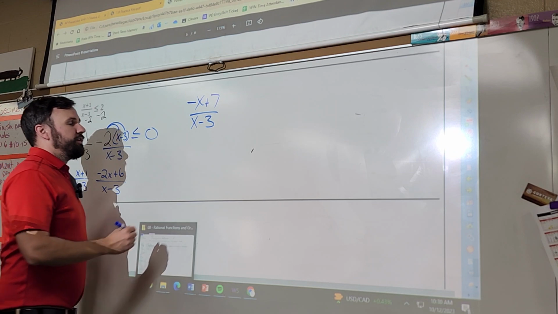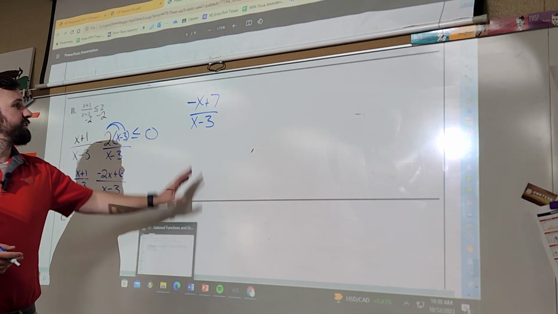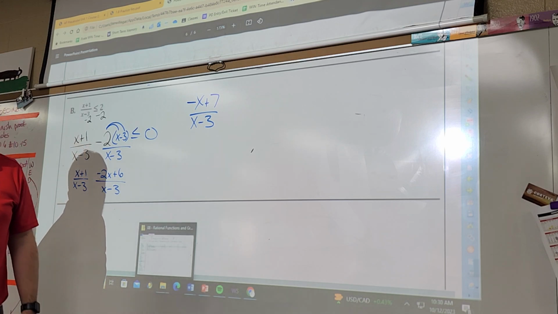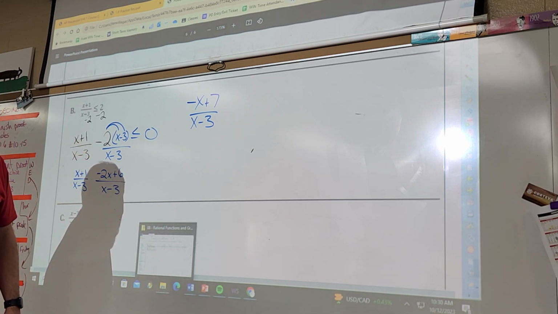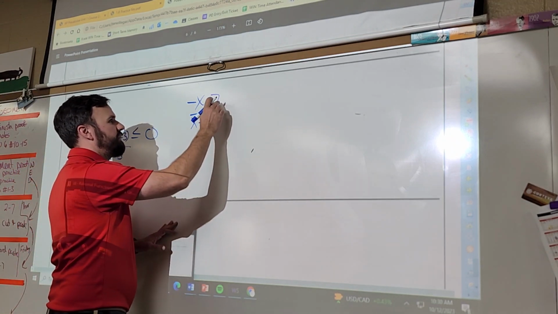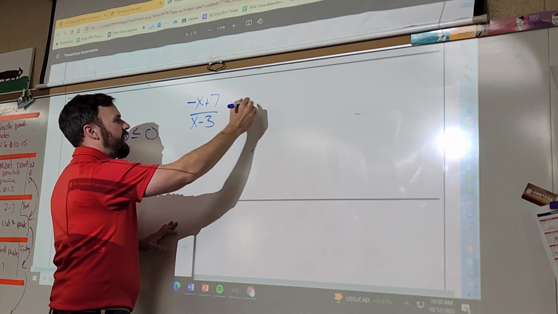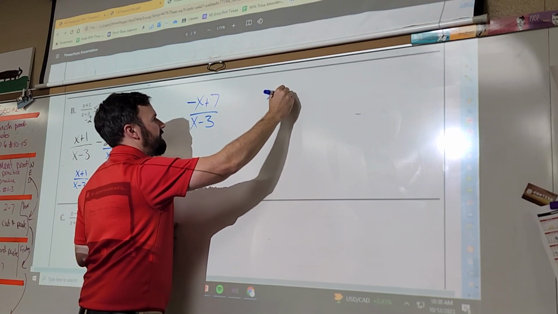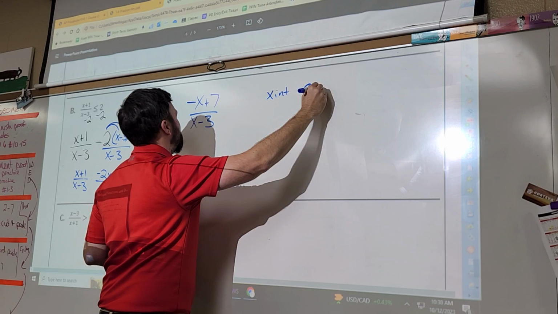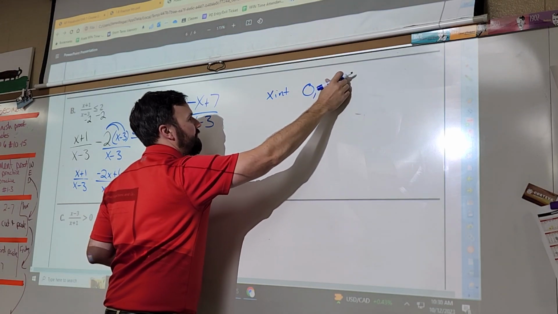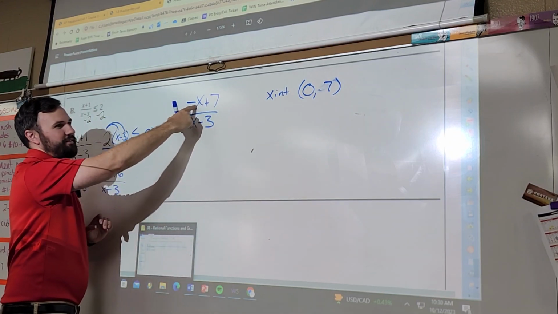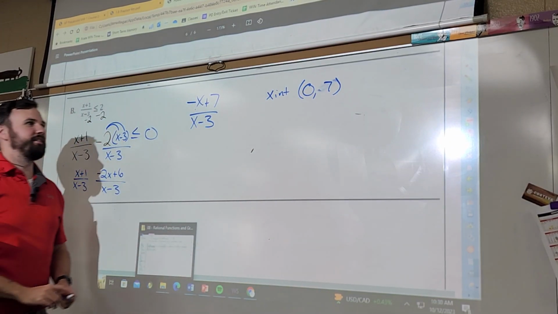So now how many key points am I going to have with this? 2, right? And the 2 key points are going to be: I have an x-intercept at 7, because when I plug in 7, it'll be 0, right?